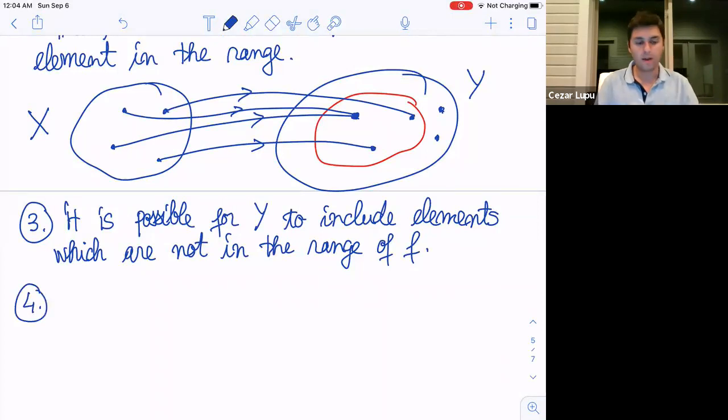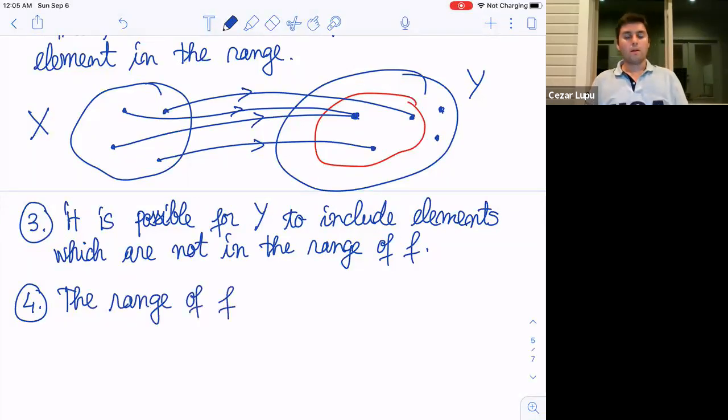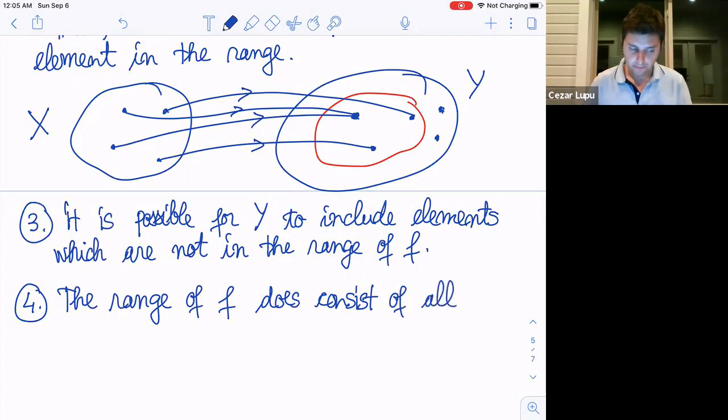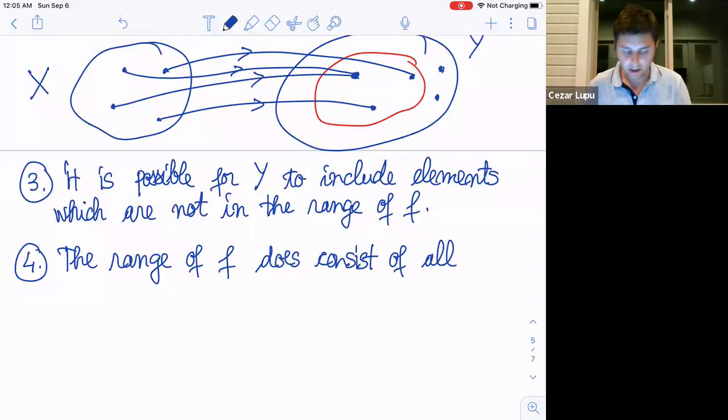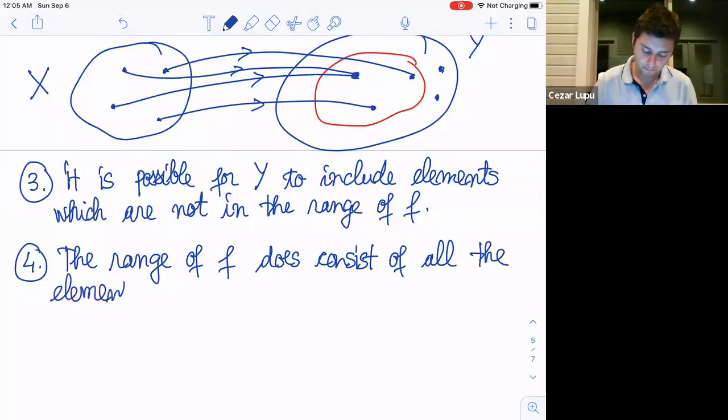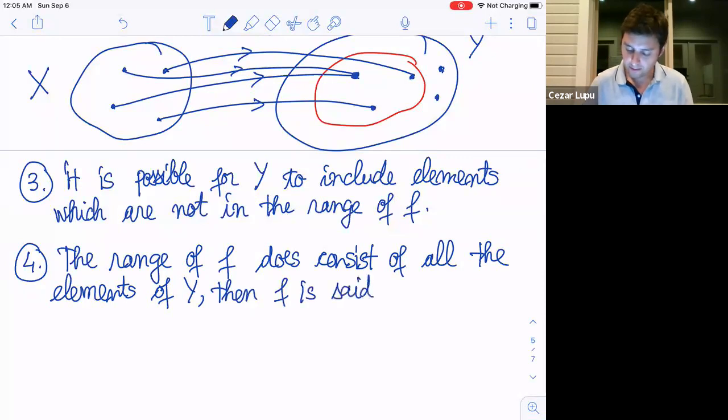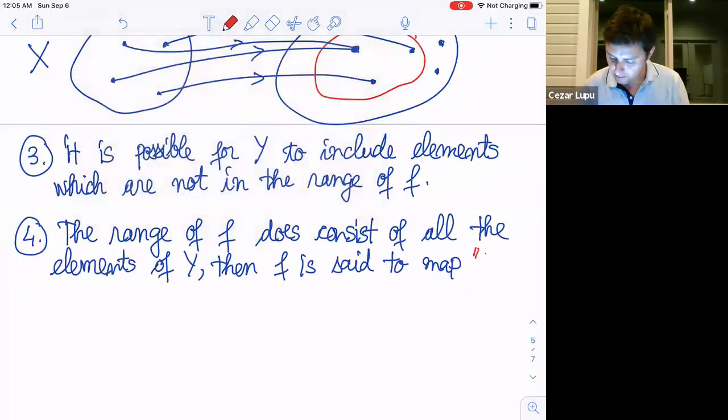The fourth remark is that if the range of f does consist of all the elements of Y, then f is said to map X onto Y. Right?